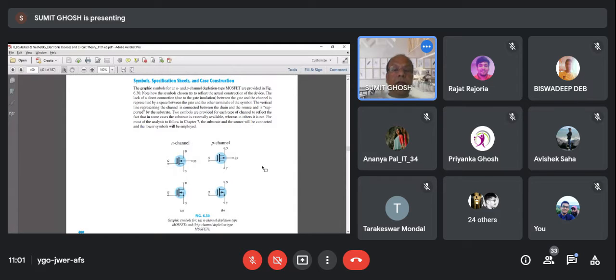This is MOSFET. One difference: who pointed out that there is an arrow on the gate and here is an arrow on the substrate? Who pointed out? Sir, Abhishek Saha. Okay. What are the differences, Abhishek?